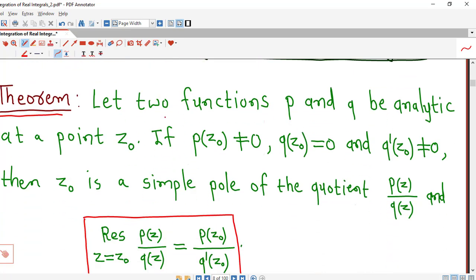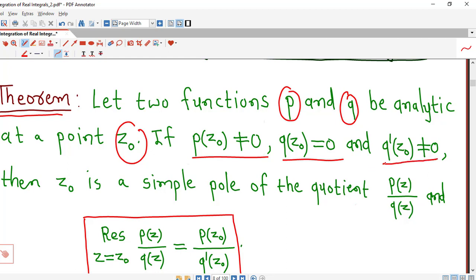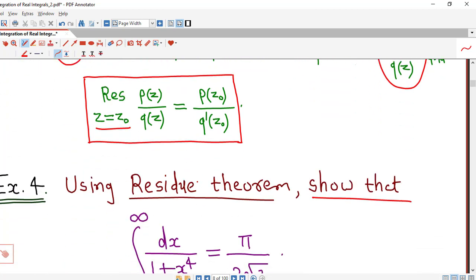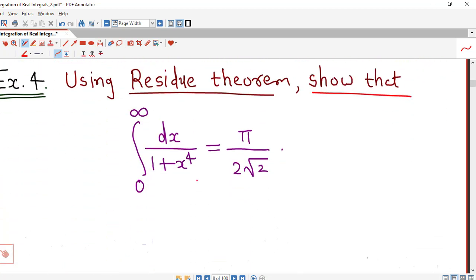So first I have written this theorem: let two functions p and q be analytic at z0 if p of z0 is non-zero, q of z0 is 0 but q dash at z0 is non-zero, then z0 is a simple pole of the quotient p over q and residue of p over q at z equal to z0 will be equal to value of p at z0 divided by value of q dash at z0. So we will use this result in calculating residues for this example number 4.